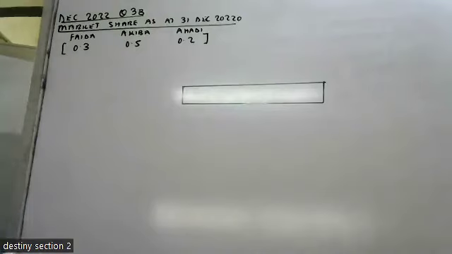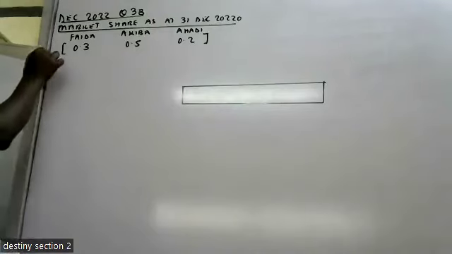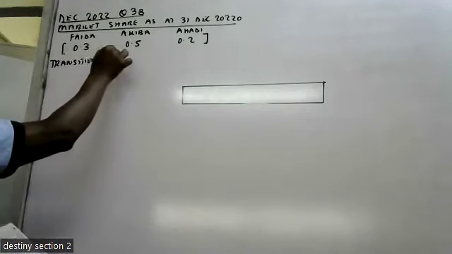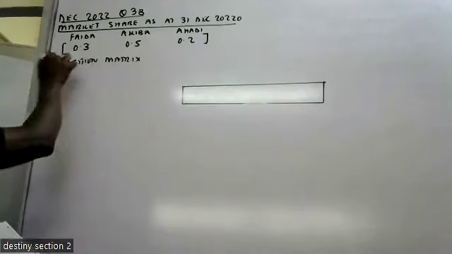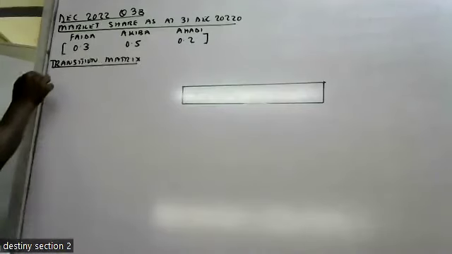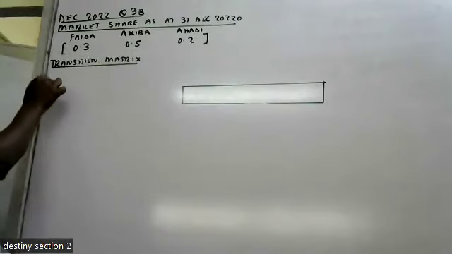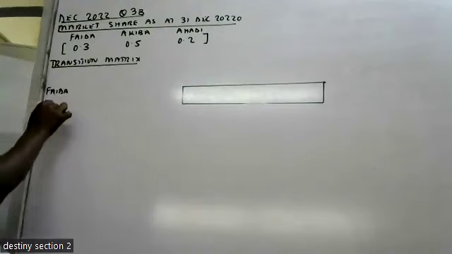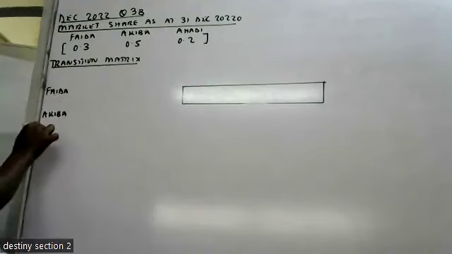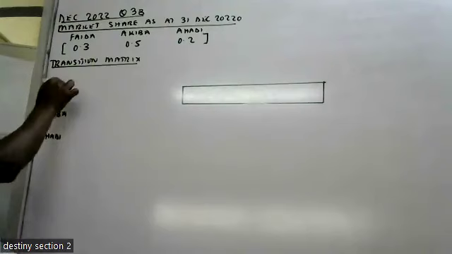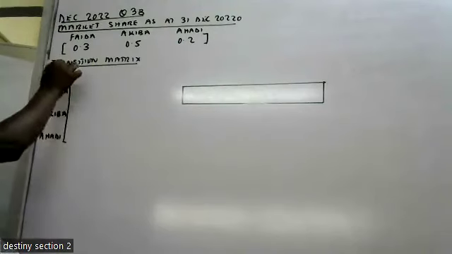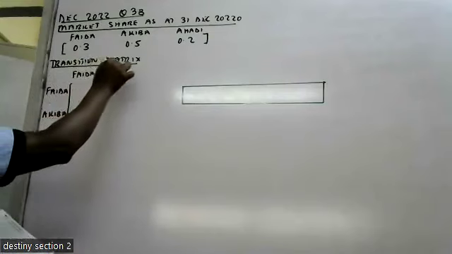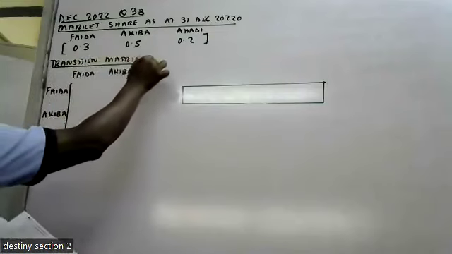Now from there, we need to get the transition matrix. The transition matrix, we will have Faida here, we have Akiba, and we have Ahadi. This is Faida, this is Akiba and Ahadi.